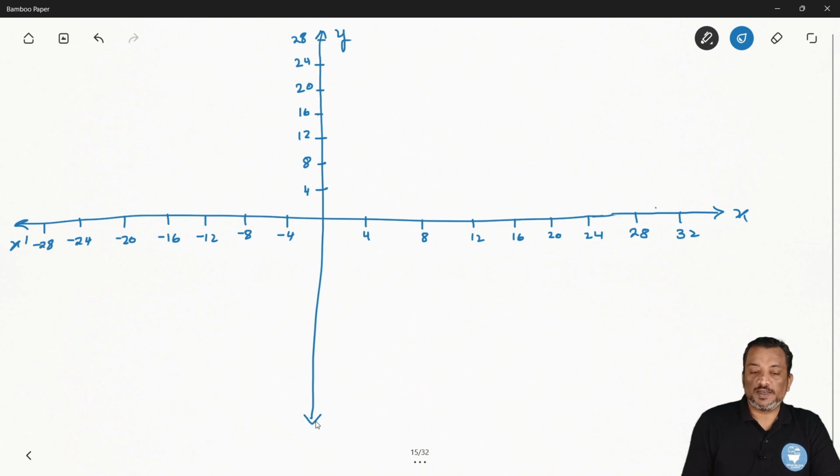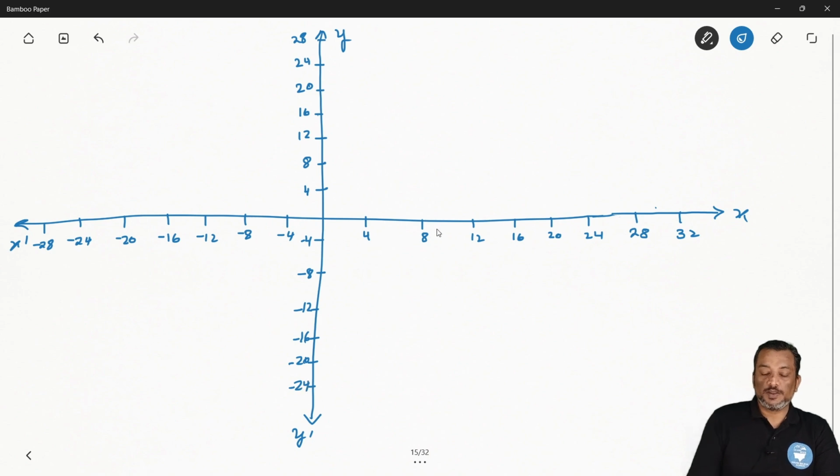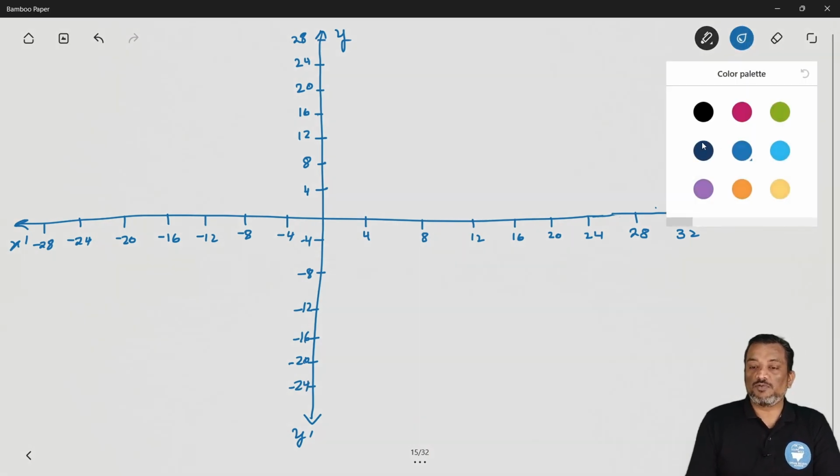And this is your y dash. So here you have the negative y-axis, negative 4, negative 8, negative 12, negative 16, negative 20 and negative 24.